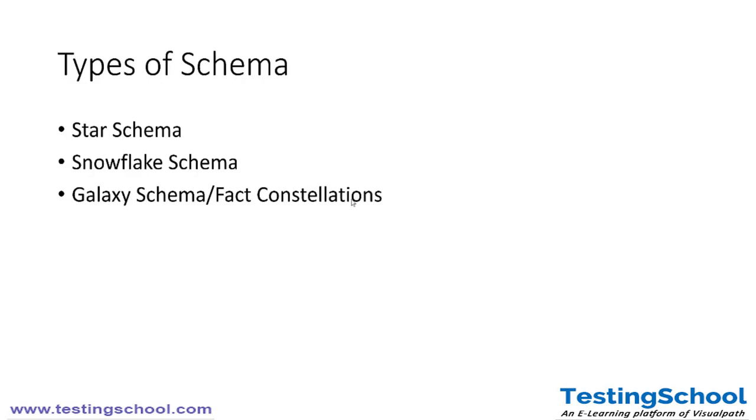Snowflake schema is an extension to star schema with more detailed dimensional data. You can also call them hierarchies. Galaxy schema or fact constellation schemas are the ones which have multiple fact tables and which also leverage the commonality of dimensions and try to reuse them between facts, right? So those are the different types of schemas within the dimensional model.